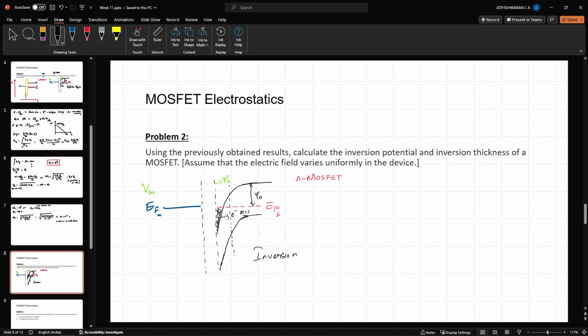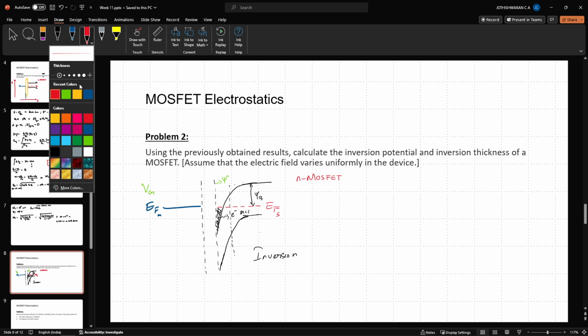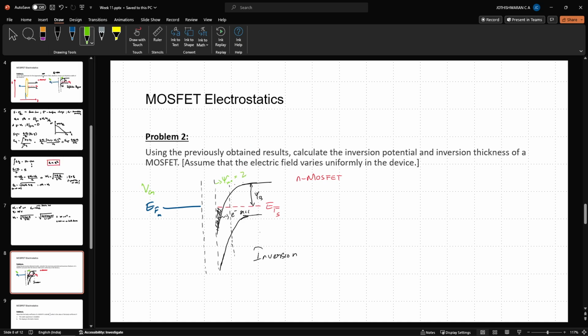If I call this psi b, then what I want is the surface potential here should take care of this psi b and supply another psi b over here. So now, rather than the depletion case, the inversion surface potential, psi inversion, is equal to twice psi b. This is what we require for inversion to be achieved.